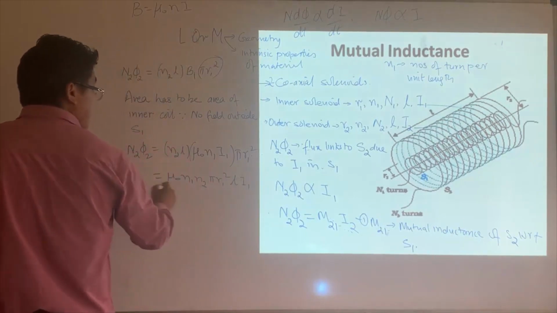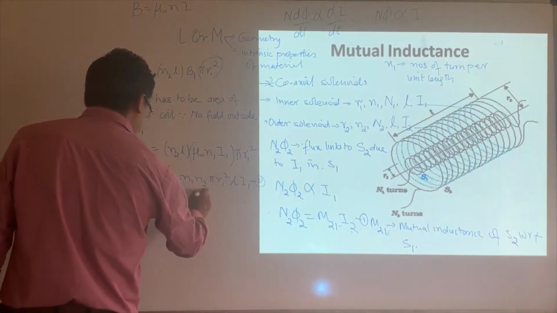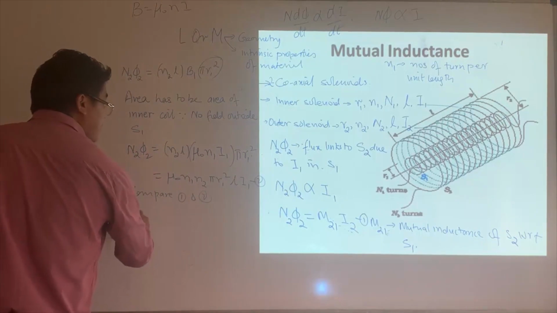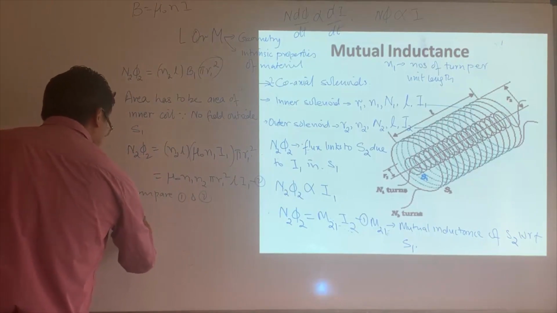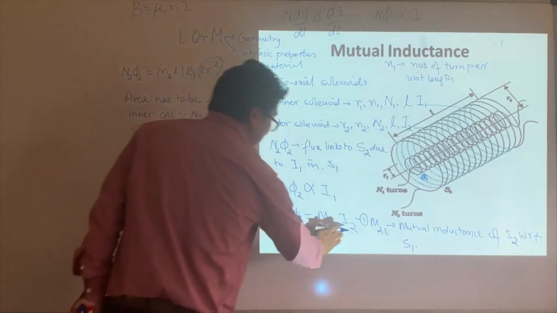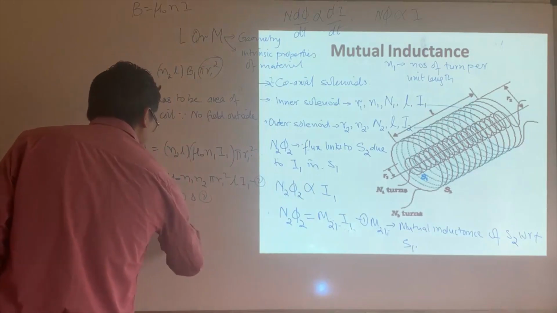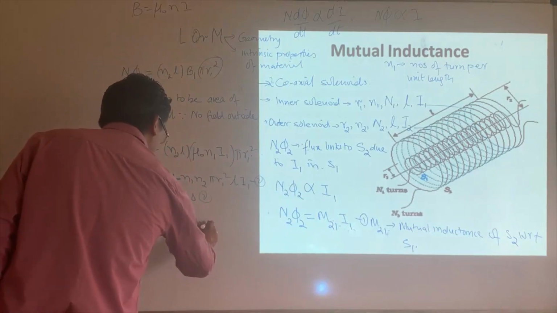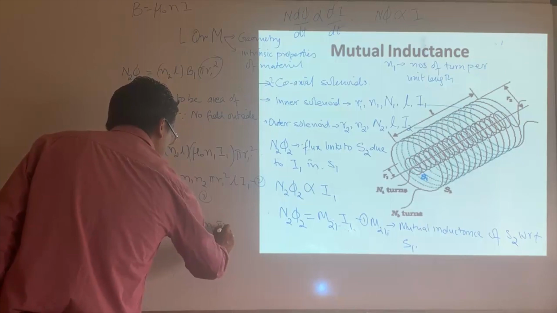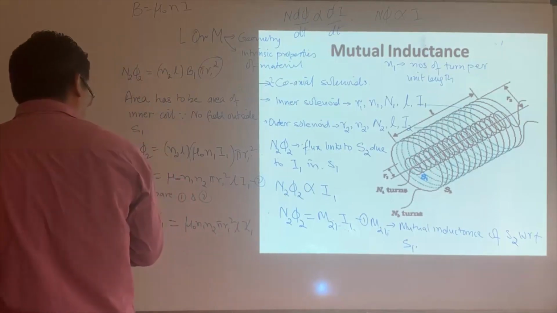This is equation number 2. Compare 1 and 2. When I compare 1 and 2, what we get is M21 I1 is equal to mu naught N1 N2 by L1 times the area and I1. I1 cancels out.